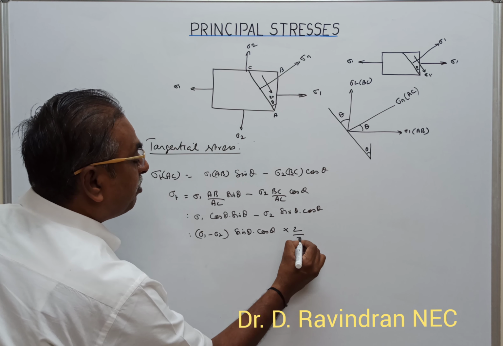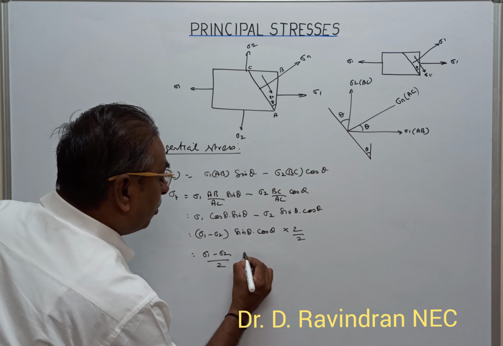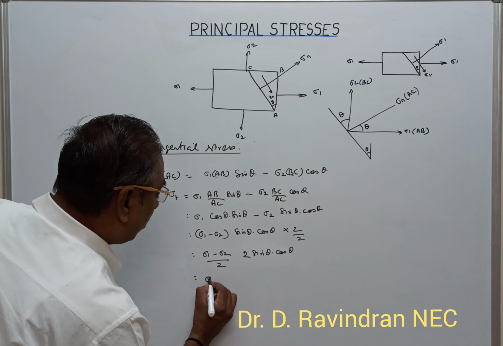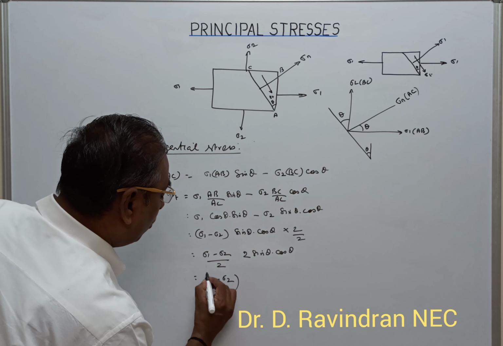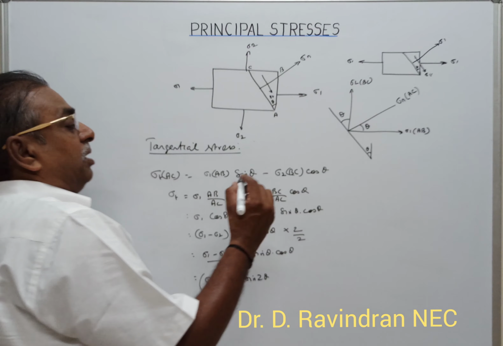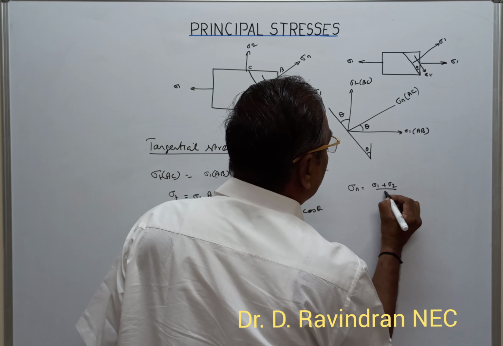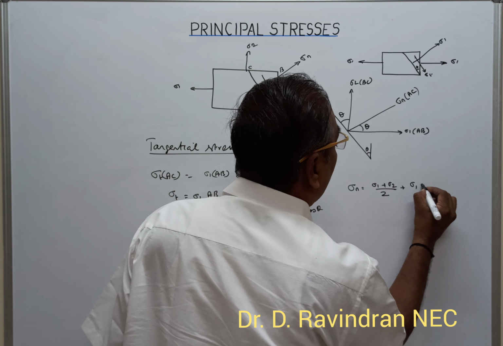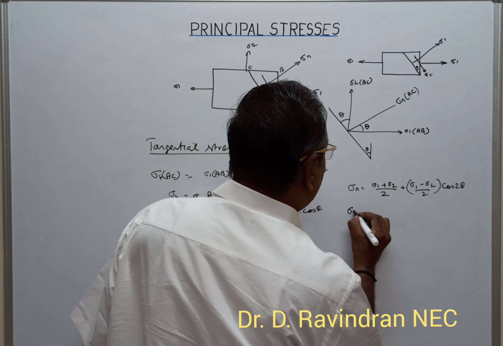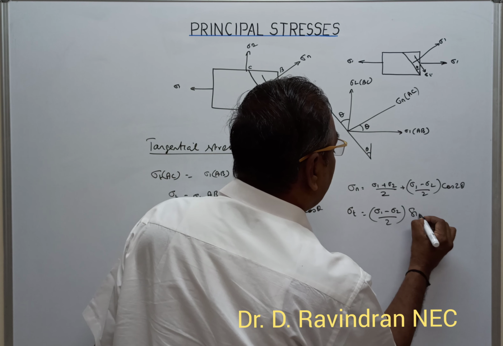When you multiply and divide by 2, this will be equal to sigma 1 minus sigma 2 by 2 sin theta cos theta, which is sigma 1 minus sigma 2 by 2 sin 2 theta. So here we have found the normal stress will be equal to sigma 1 plus sigma 2 by 2 plus sigma 1 minus sigma 2 by 2 cos of 2 theta, and sigma t will be equal to sigma 1 minus sigma 2 by 2 sin of 2 theta.